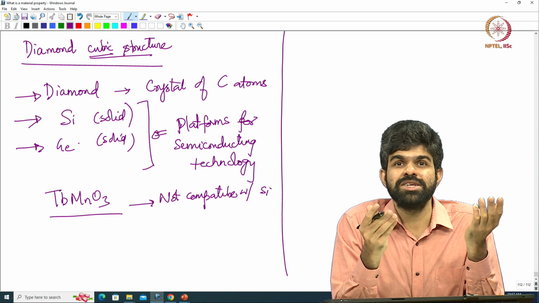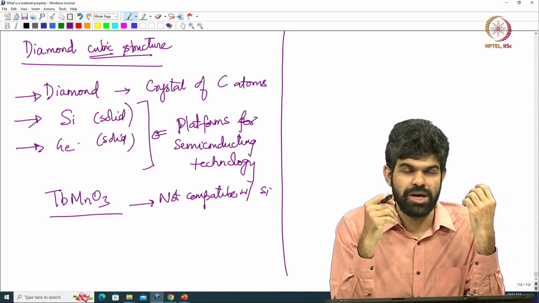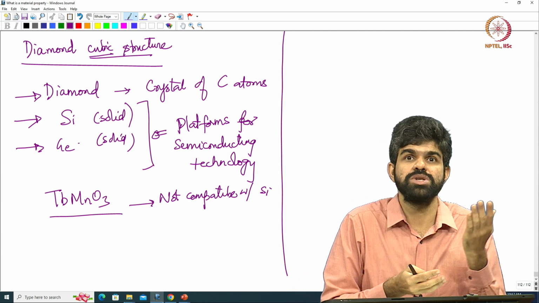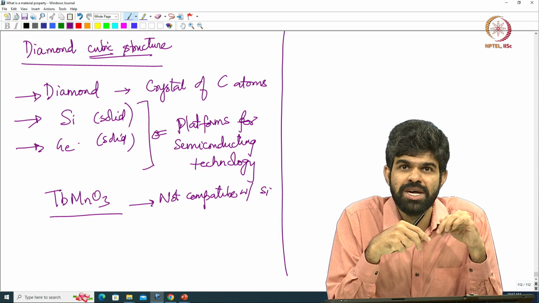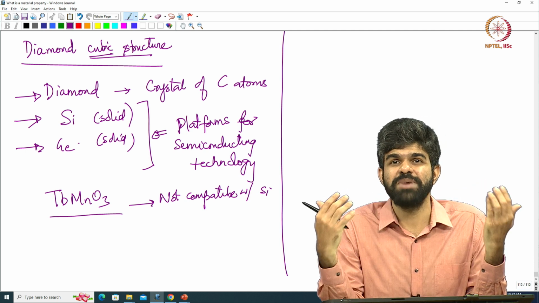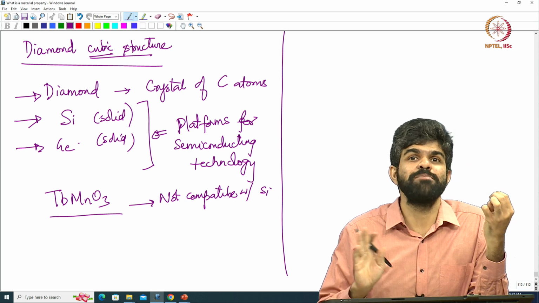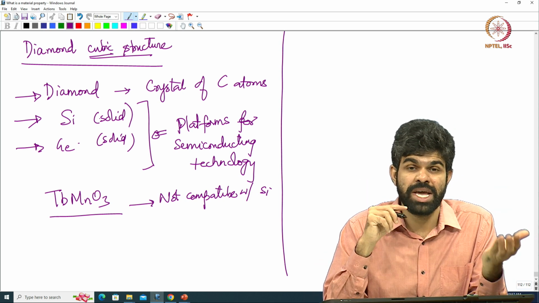All the electronics that goes into your computer chips, not the TV displays and other things, the transistors that go into your computer chips, all have some sort of a base which is silicon based. So silicon is a very important material for your day to day electronics.